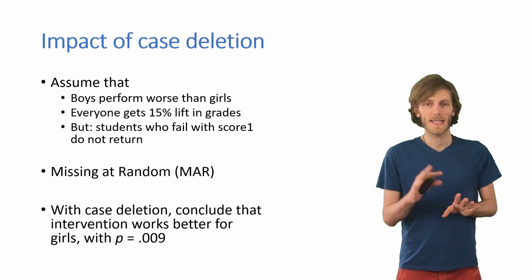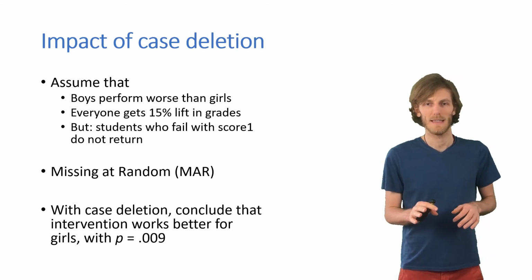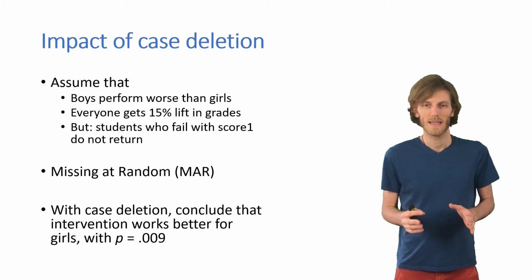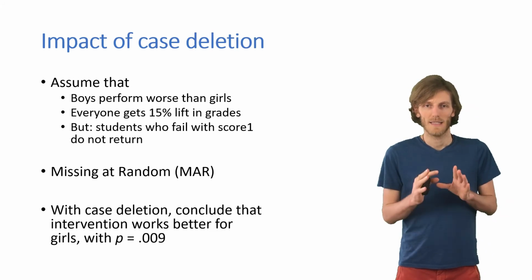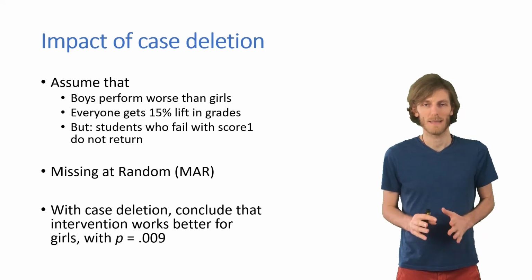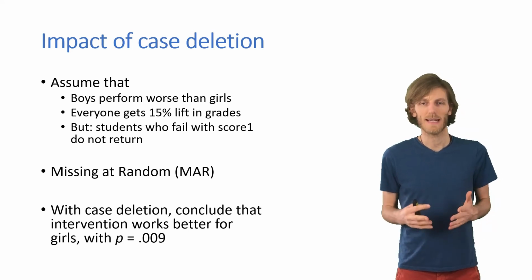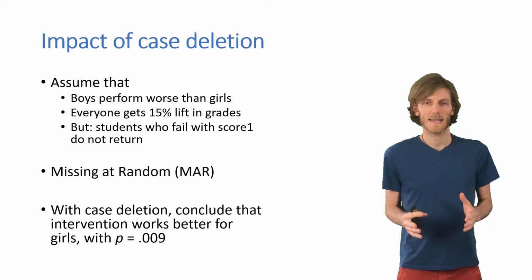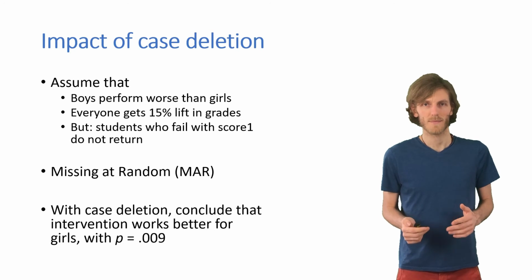If it's not clear to you why that is, actually do have a look at the link in the video description. It's basically a case of regression to the mean. But we get a result that does not reflect what we know is going on in the simulated data. So a very clear suggestion that case deletion in this case is a really bad idea.